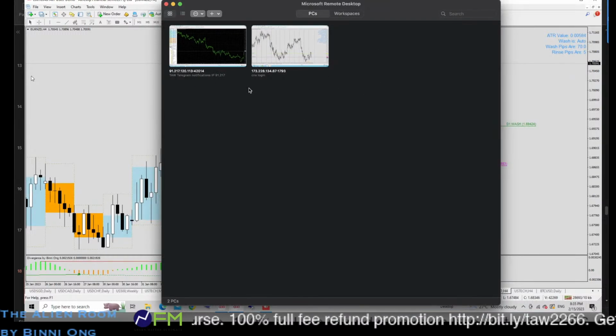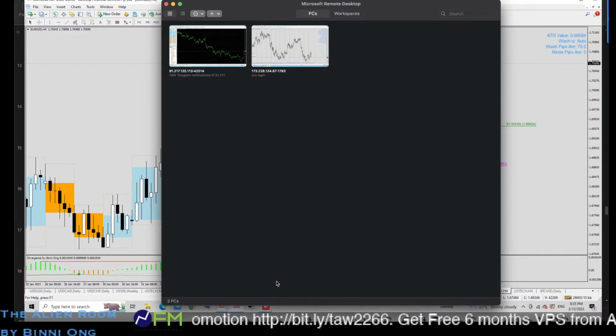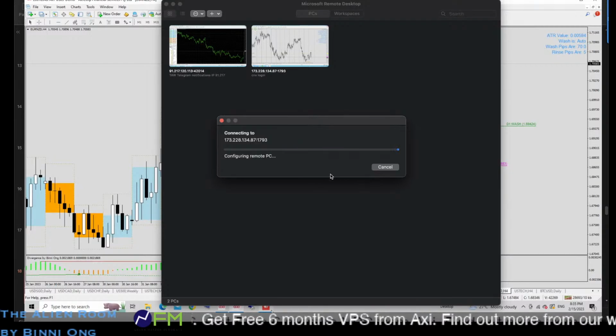What happened is that this is Microsoft Remote Desktop. As I mentioned, I'm accessing it from my Mac, so I just key in the address and double click there, and it should connect to my remote desktop.